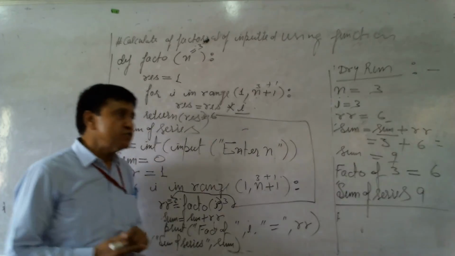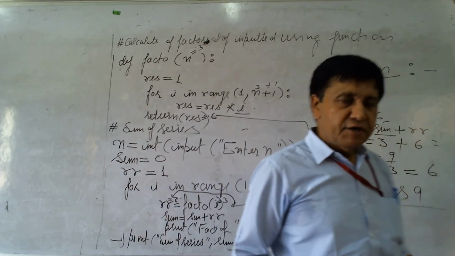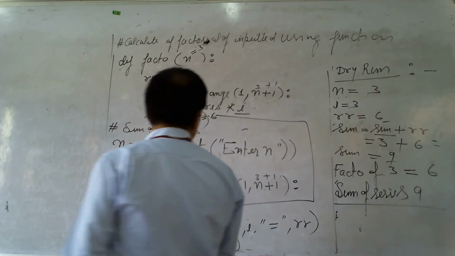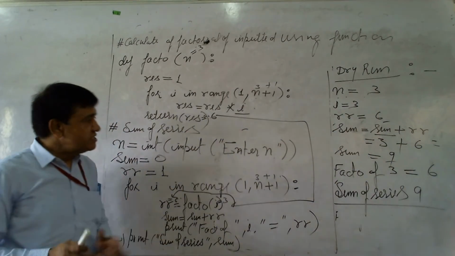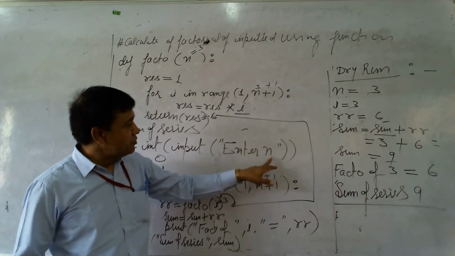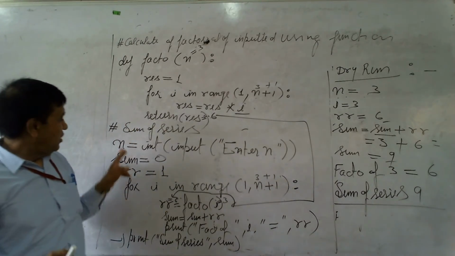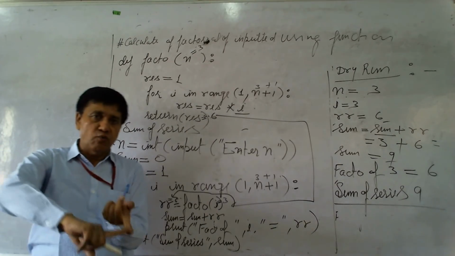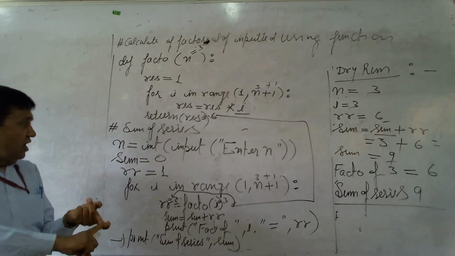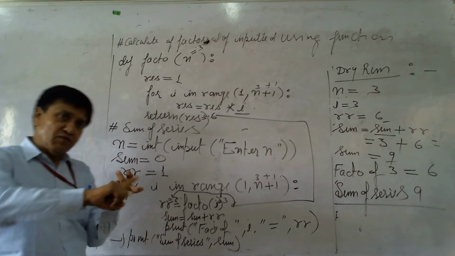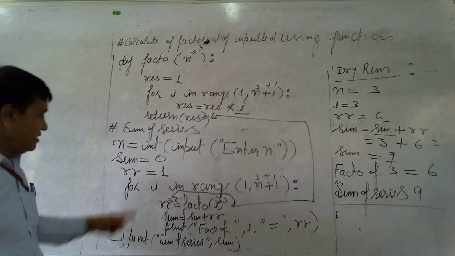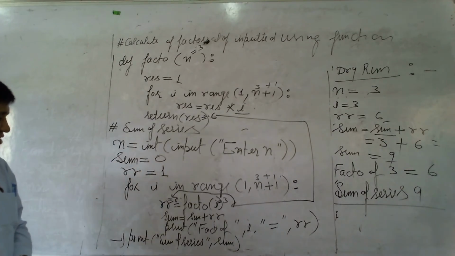So you should know this program is displaying all the factorials which lie in the series. As I have inputted the value of n here as 3, it will calculate factorial 1, factorial 2, factorial 3. If I input n equal to 100, then it will calculate all the factorials which lie between 1 to 100, and it will also calculate the sum of series.